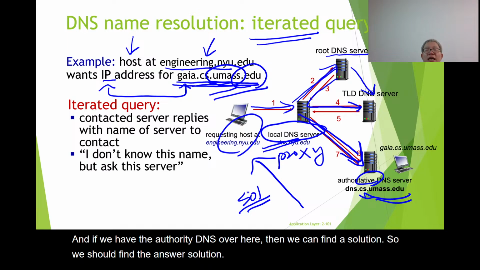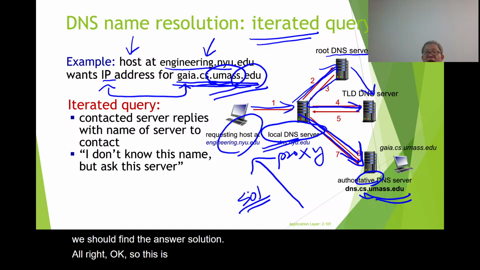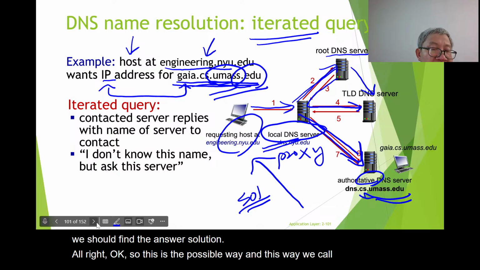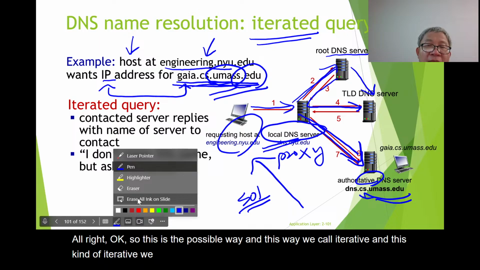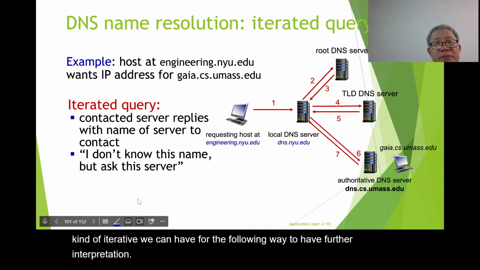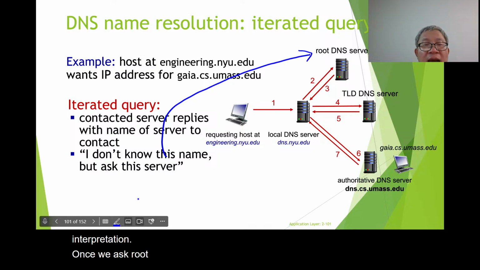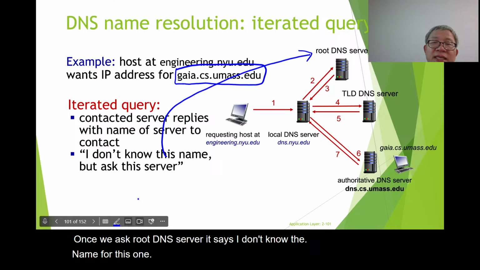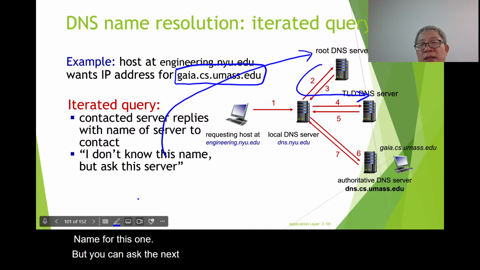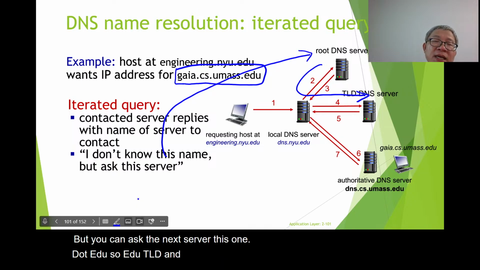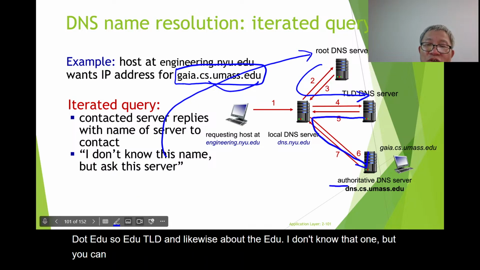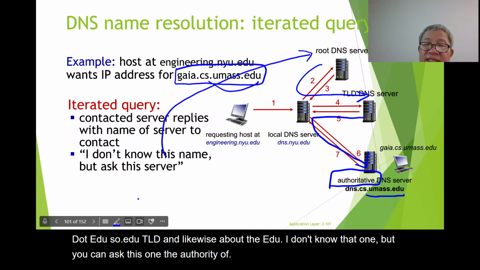All right, so this is the possible way, and this way we call iterative. We can interpret it in the following way. Once we ask the root DNS server, it says, I don't know the name for this one, but you can ask the next server, .edu, the TLD. Likewise, for UMass.edu, it says, I don't know that one, but you can ask the authority of UMass.edu.